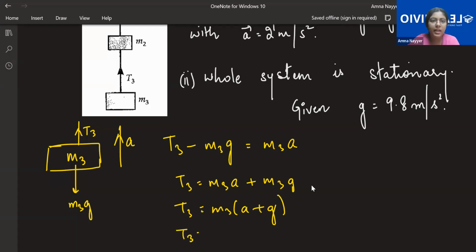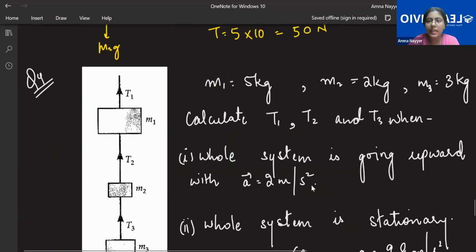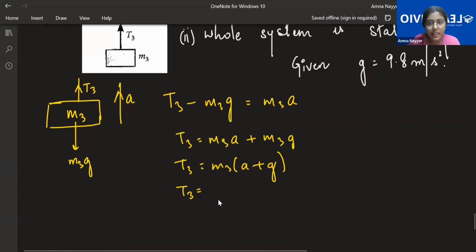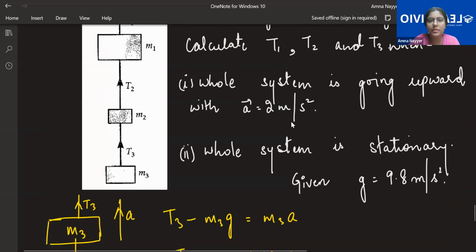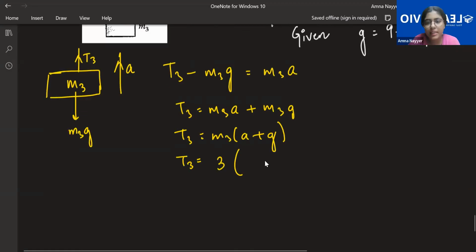So M3 is 3 kg. This will be 3. Acceleration is 2 meter per second square. So 3 times 2 plus 9.8, what is it coming? 35.4, no?